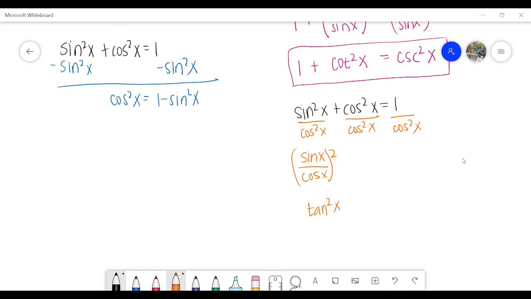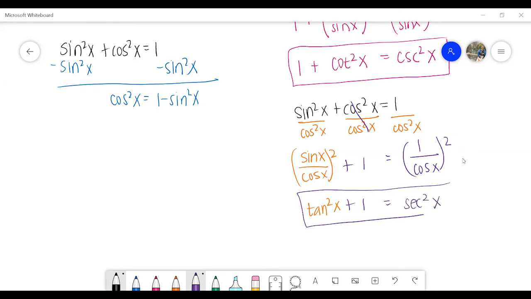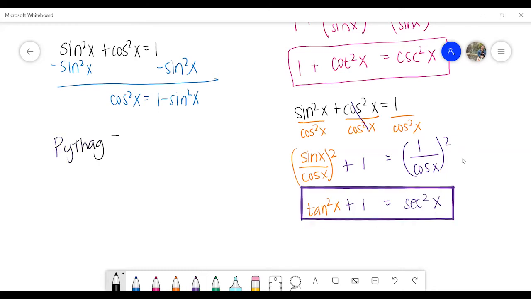Cosine over itself, again, that cancels, and we're left with just plus 1, equal to, again, technically 1 over cosine x quantity squared, and that's a reciprocal identity as well, so we end up with secant squared x, and this is your other version. So your three Pythagorean identities are sine squared plus cosine squared is 1.